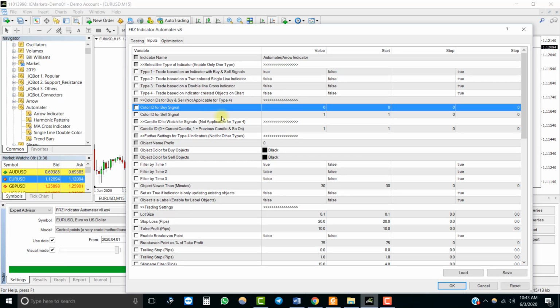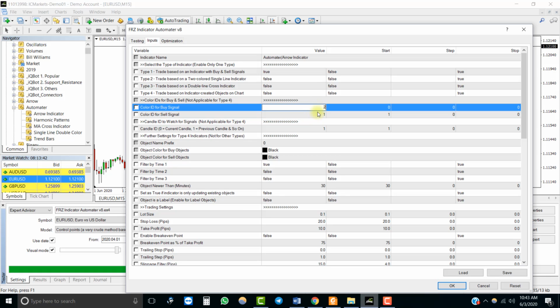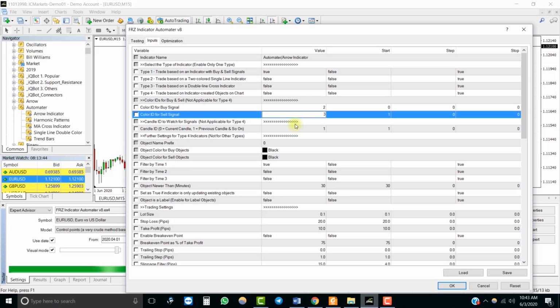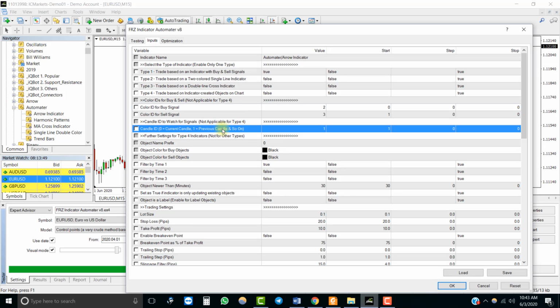Now we need to identify the color IDs for buy and sell signal. We have already identified that the color ID for buy signal was 2 and the color ID for the sell signal was 3. This is the candle that the EA looks for possible signals. 0 means the current forming candle and 1 means the previously completed candle, and so on.